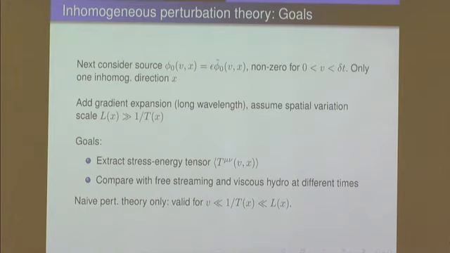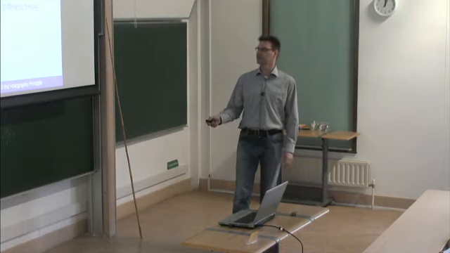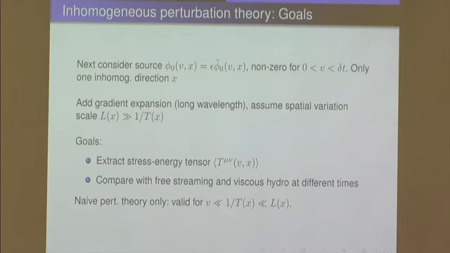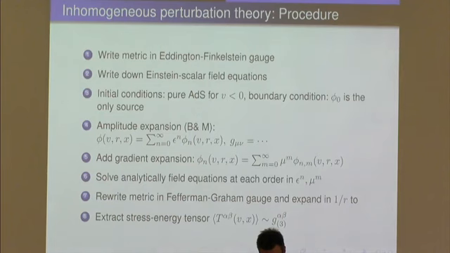Okay, and in this case we are limited so far to working with just naive perturbation theory. So we are taking the vacuum as a background. We know that this is not going to be valid for arbitrarily long times, but instead, again, there's this upper limit: as long as you work for times that are less than the inverse temperature scale, which on the other hand is less than the scale of spatial variations, then the subleading terms are going to be suppressed in relation to the leading terms.